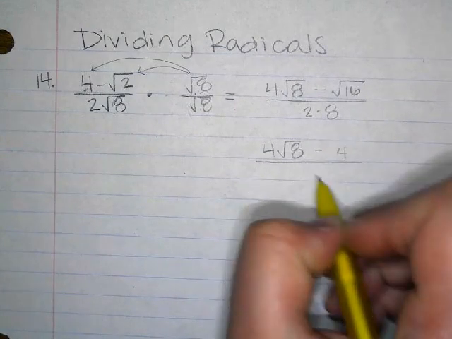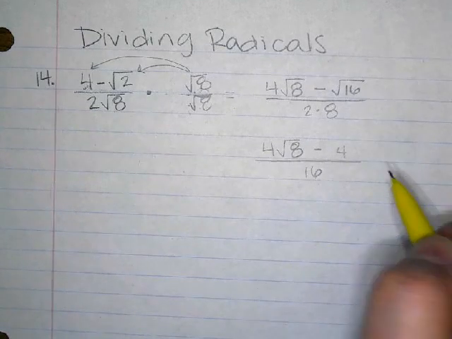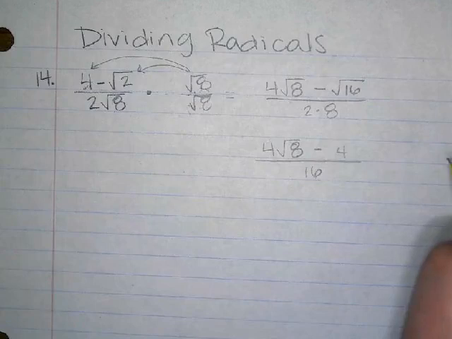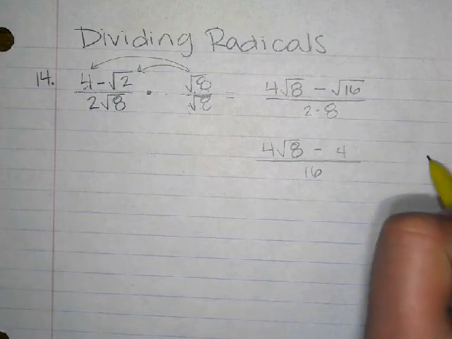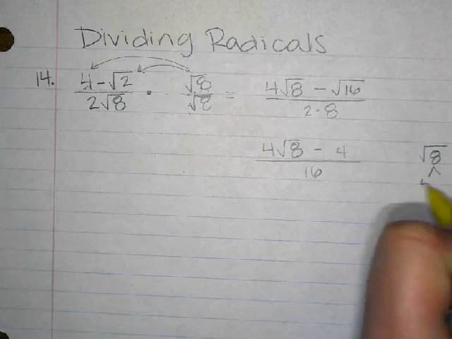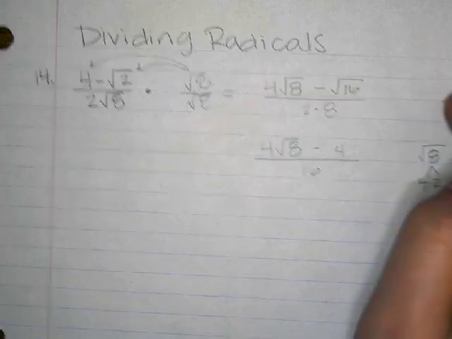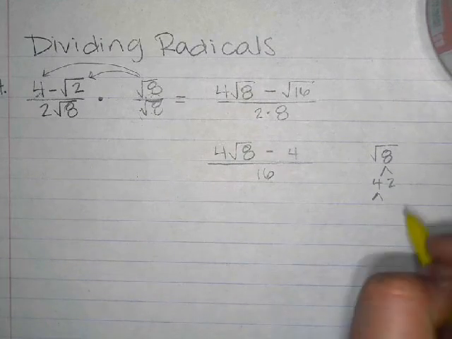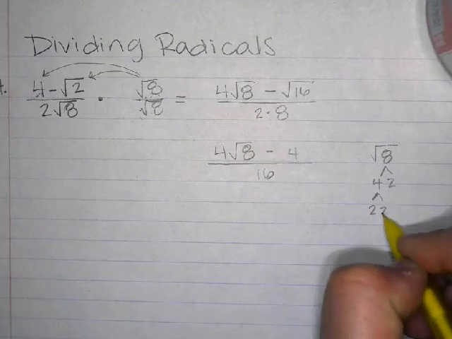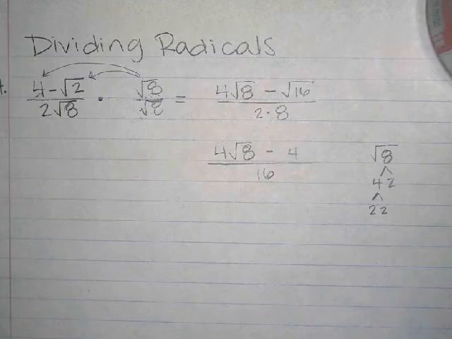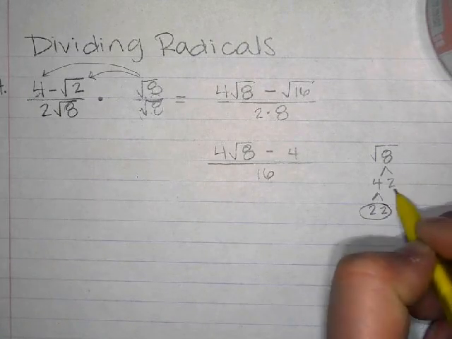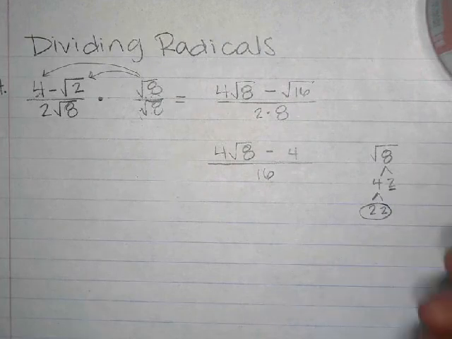And then we have 16 on the bottom. And we have an 8 underneath the radical, which can be fixed. That's 4 times 2. 4 is 2 times 2. And so what do we have? We have a pair of 2's and a leftover 2, so that's 2 root 2.